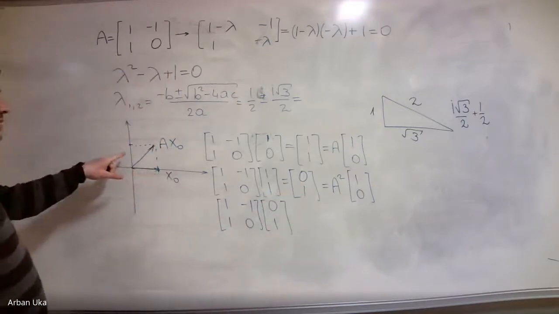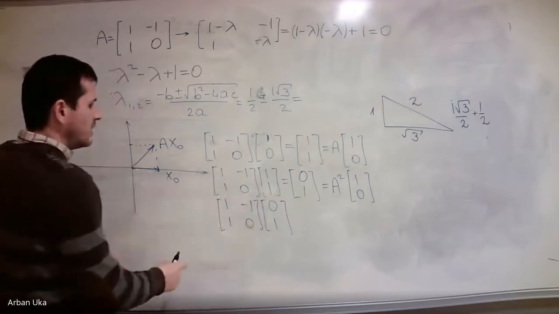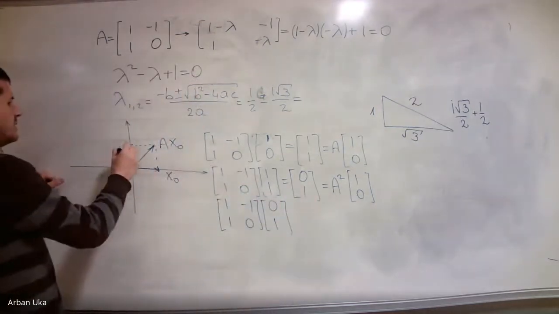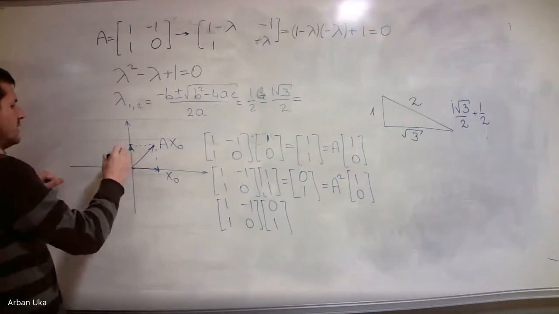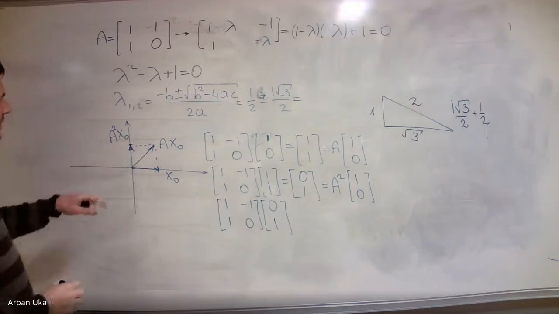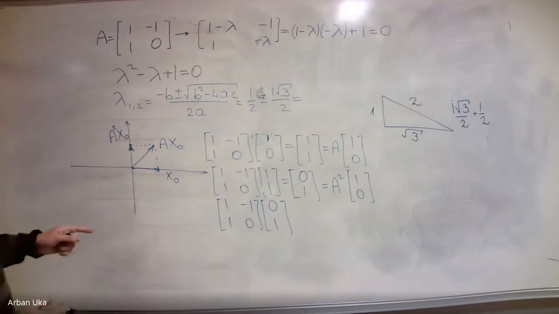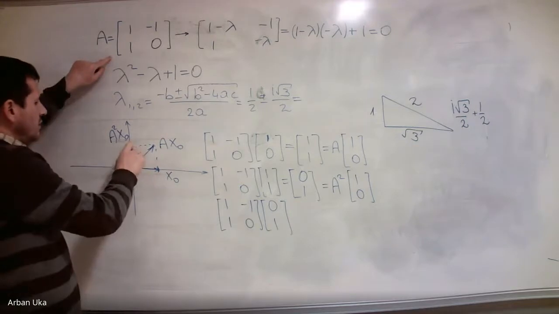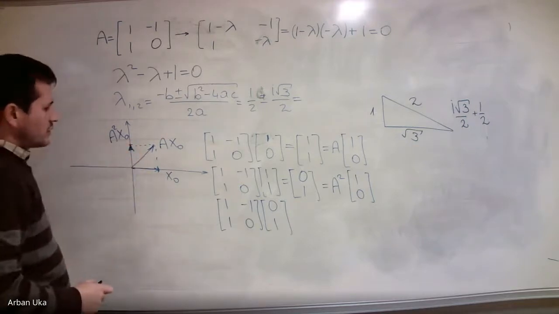So the next step, a squared times the initial vector is 0, 1. It is this vector here, right? So this is a squared times x0. So we observe that if we apply this matrix to a vector, we are only rotating it, right? So this is what we're doing.